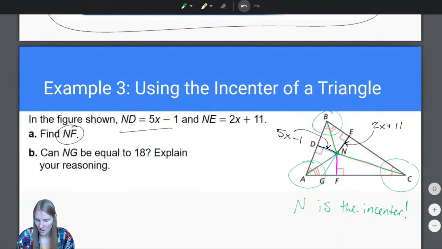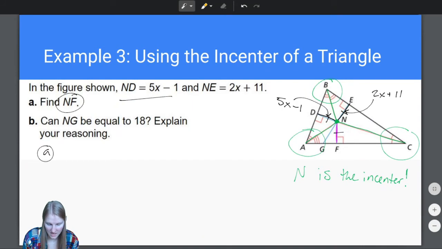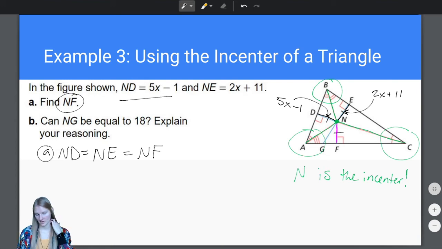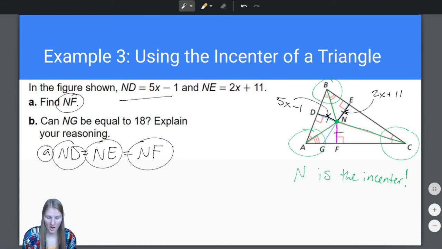So I know that ND, NE, and NF are all the same. So for part A, we know that ND equals NE, which equals NF. So if I can find one of these, I know what NF is, because they're all the same. If one of them is 12, all of them are 12.